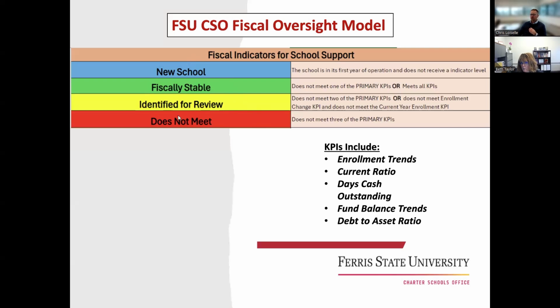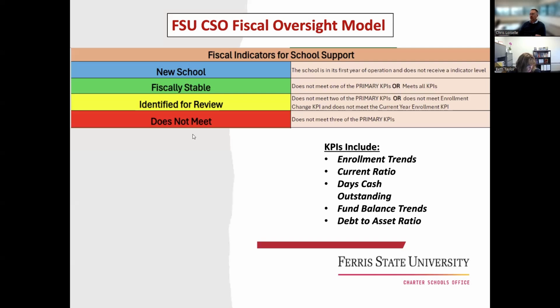If you fall into identified for review or does not meet, you'll receive a notification from the charter schools office director and a request for a conversation about the situation so that we at the charter schools office can gain further clarity on strategies that your school intends to put into place to improve, or clarification on situations that your school is currently in that you feel aren't representative of a true fiscal risk.